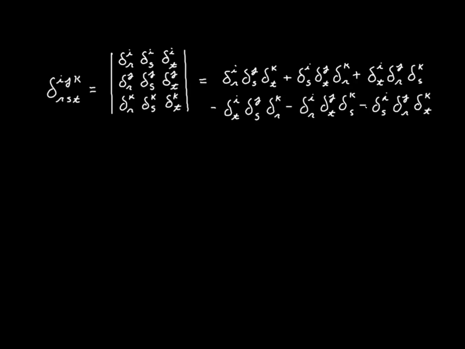The first thing we'll say is that the only way that any of these terms can be non-zero is if all three of the factors are equal to 1. And those three factors will be equal to 1 only if the two indexes on each Kronecker delta factor are equal respectively.